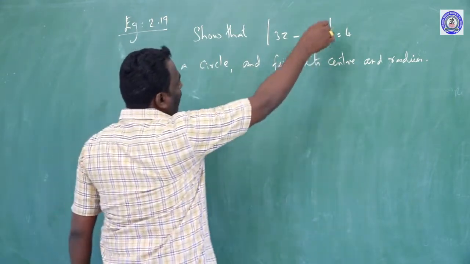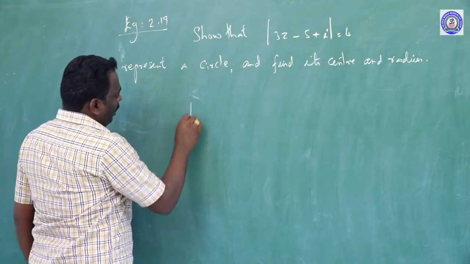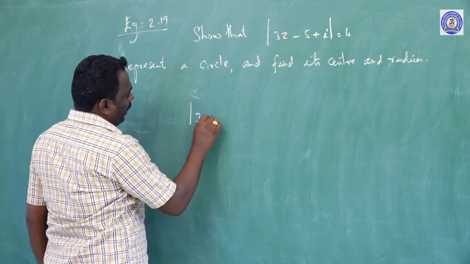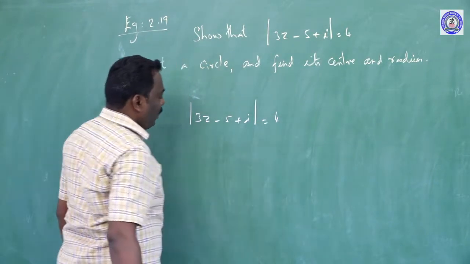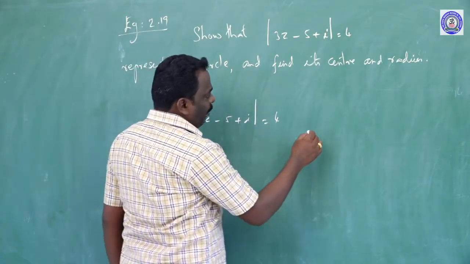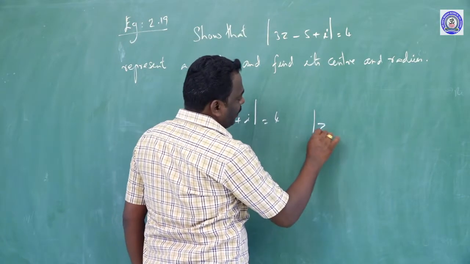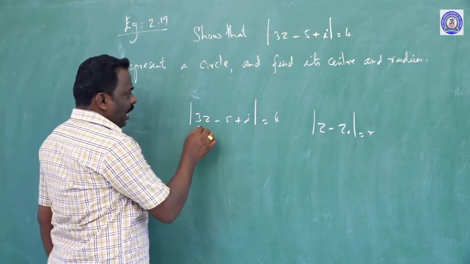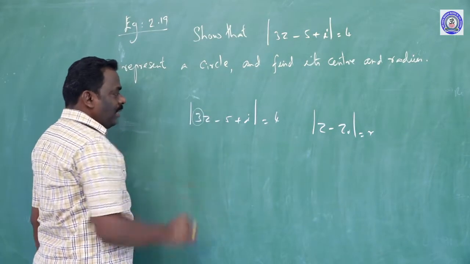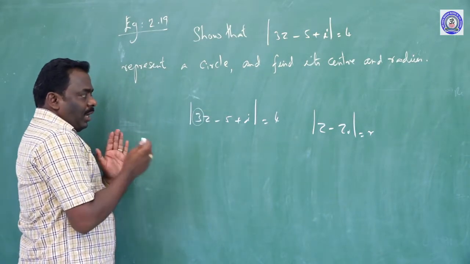The given complex form is modulus of 3z minus (5 plus 4i) equal to 4. We know the complex form of the circle is modulus of z minus z naught equal to r. Along with z we have the term 3, which we want to take out commonly.